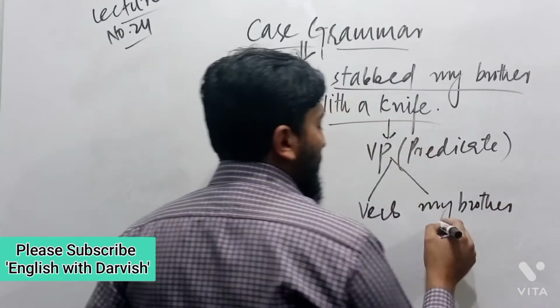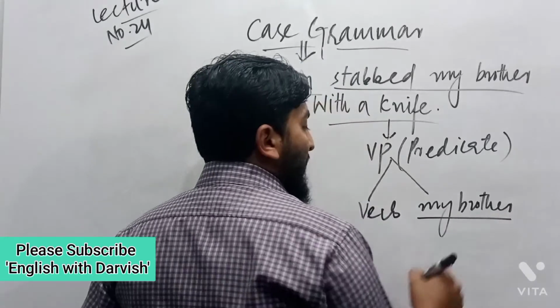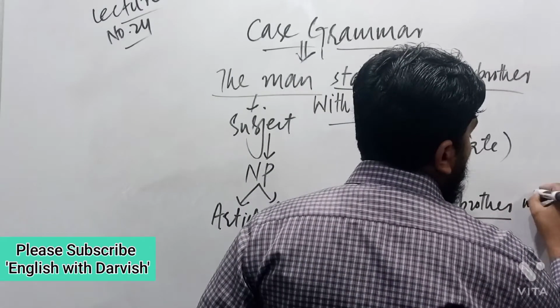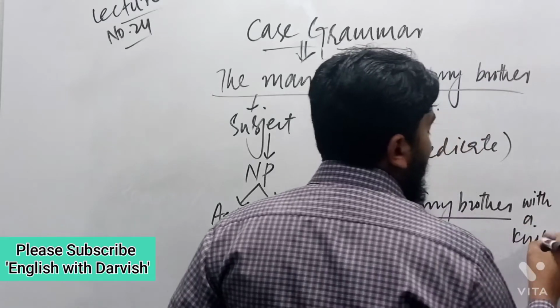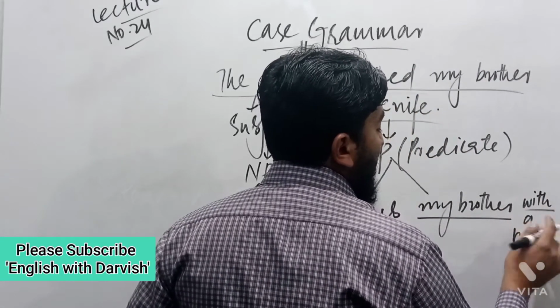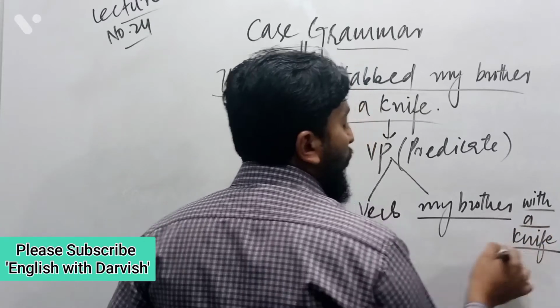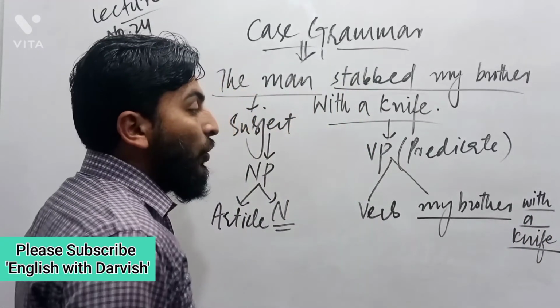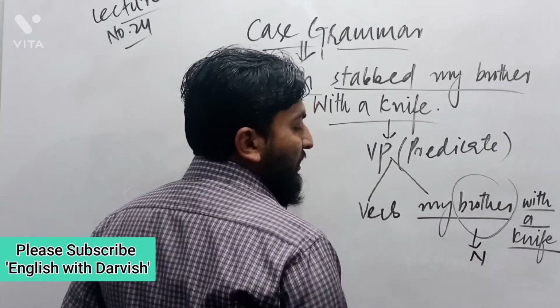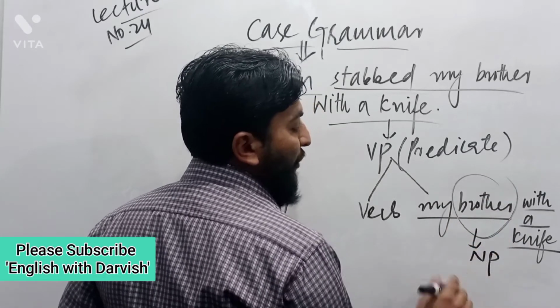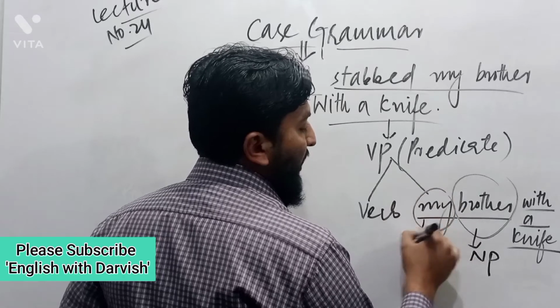is a noun phrase. But if I say my brother with a knife, if I take with a knife as a prepositional phrase, as a post-modifier with brother, which is actually a noun, as head in the noun phrase, and my as pre-modifier.